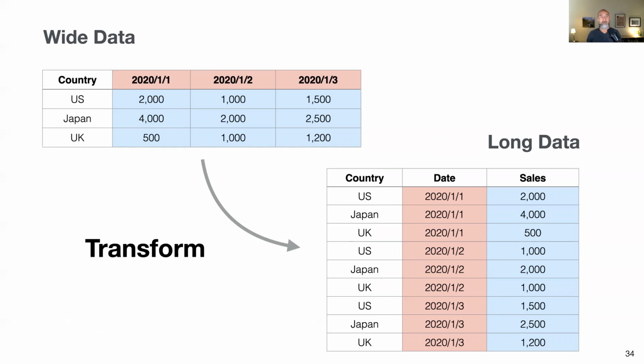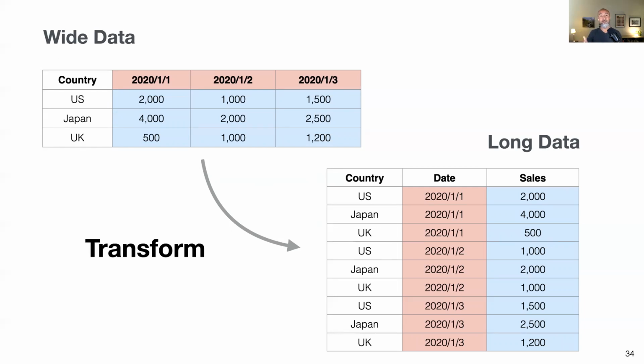Don't get me wrong though, sometimes you want to have the data in a wide format, especially when you do analytics, something like correlation. But most of the time, especially when visualizing data, you want to keep it in long format, especially for time series data like this.